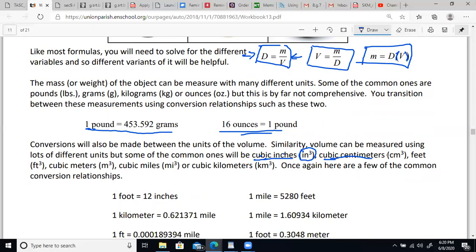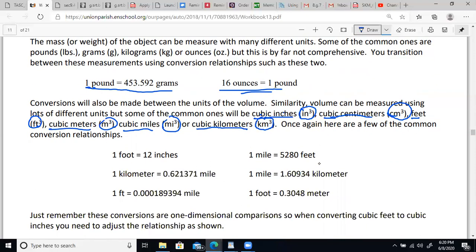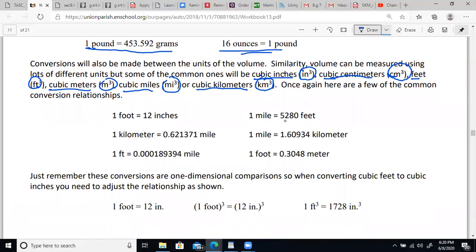Cubic centimeters, or centimeters cubed, cubic feet, feet cubed, cubic meters, meters cubed, cubic miles, miles cubed, cubic kilometers, kilometers cubed. There are other conversions they mention here. These two might be good to know, but the other two, you don't have to memorize.